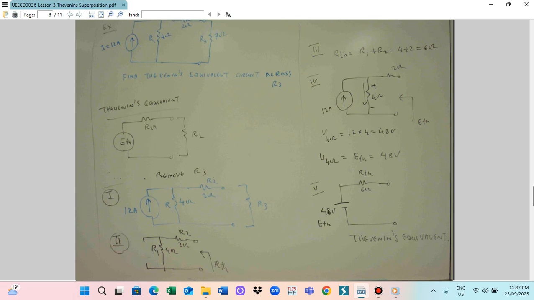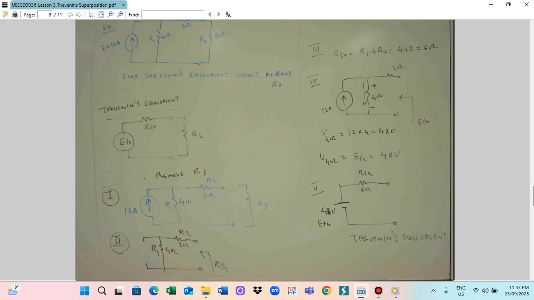So this is the Thevenin equivalent circuit. We can calculate like this.